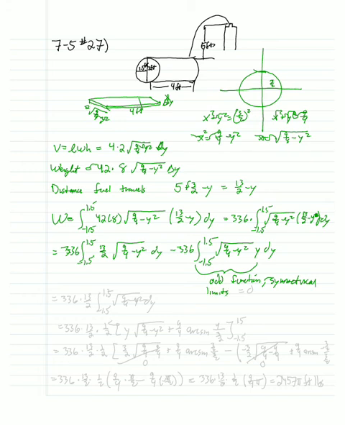So that means it equals 0. So what we're left with is this other part here: 336 times 13 halves times the integral from negative 1.5 to 1.5 of the square root of 9/4 minus y squared dy.